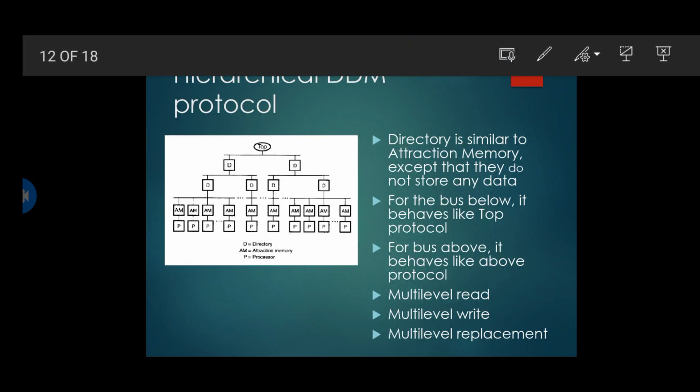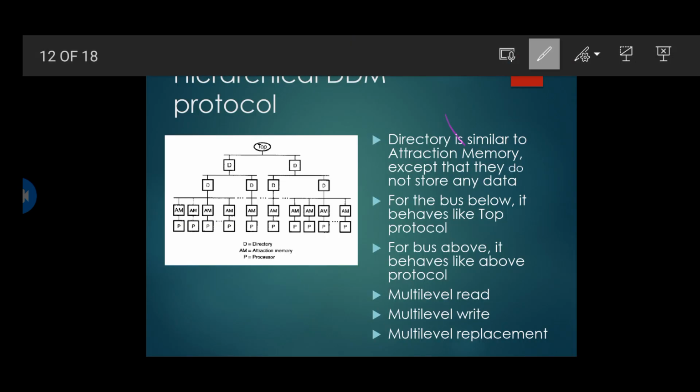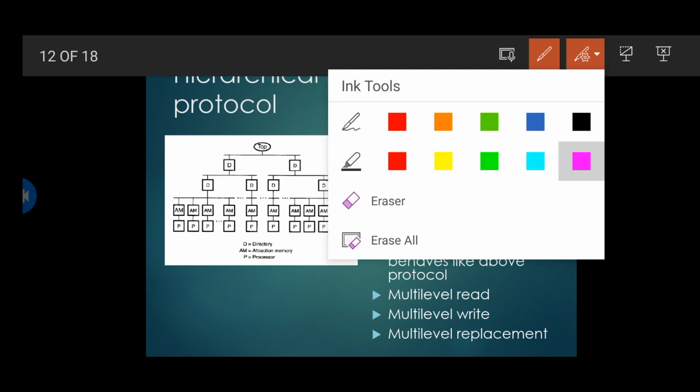Now let us see what is meant by hierarchical DDM protocol. In the hierarchical DDM protocol, like we discussed, there was only one structure. Suppose you take an attraction memory here.